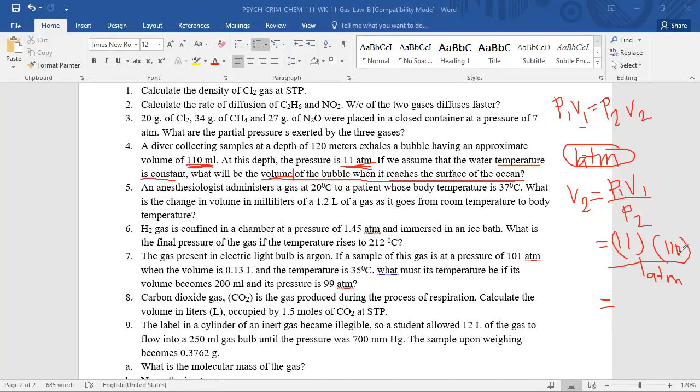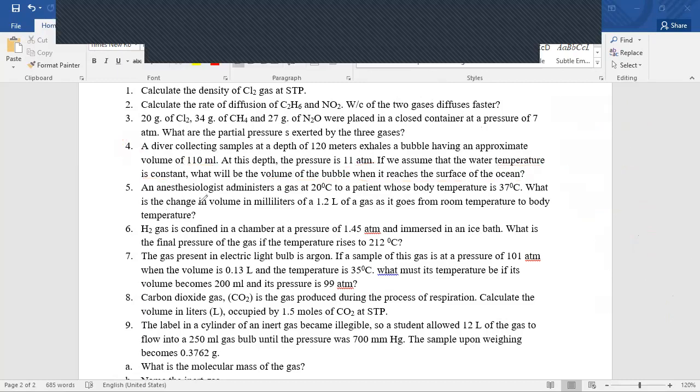So 11 times 110 is 1,210 ml. So that is our answer for this question. Okay? So gamitin lang natin yung Boyle's Law. So yun nga, no? Sabi ko nga, kailangan ay marunong tayong mag-identify doon sa problem na binigay. Marunong tayong mag-analyze.